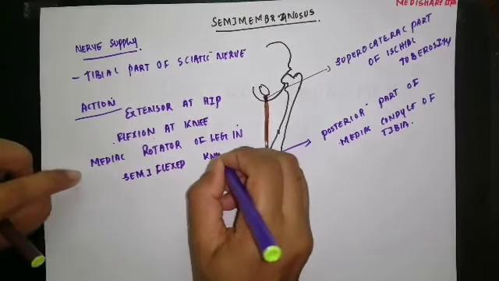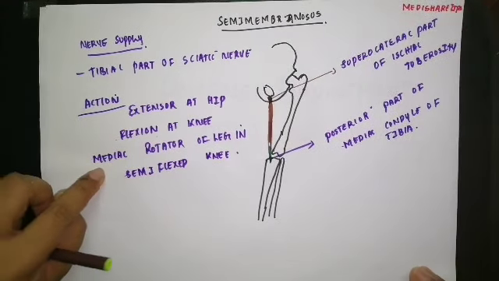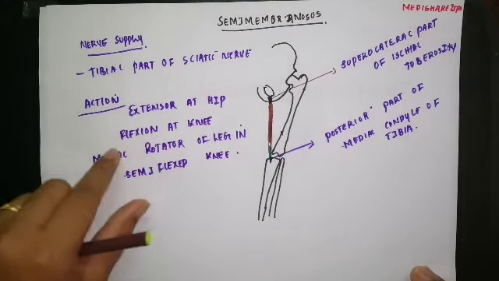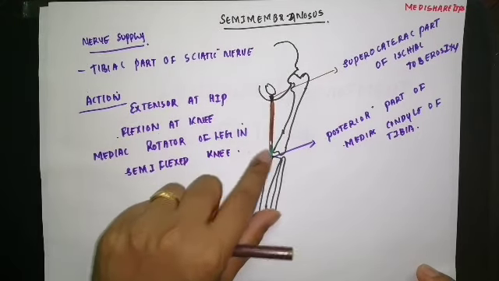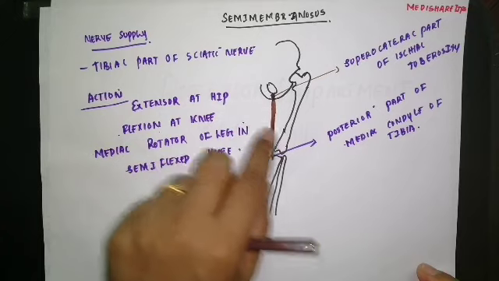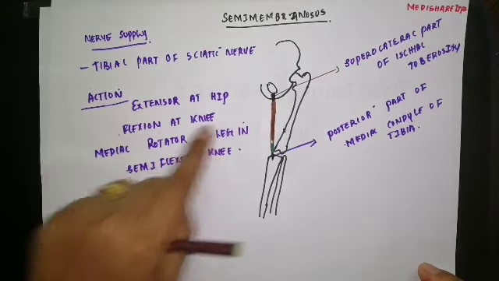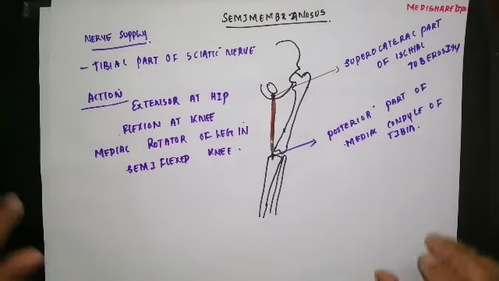So this is one action which is different from the biceps femoris muscle. Biceps femoris was a lateral rotator of the leg in semi-flexed knee, but semimembranosus is a medial rotator of leg in semi-flexed knee. All other actions are similar. That is, being a hamstring muscle, it causes extension of the hip and flexion at the knee joint.